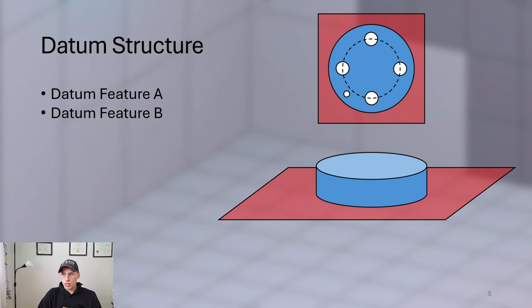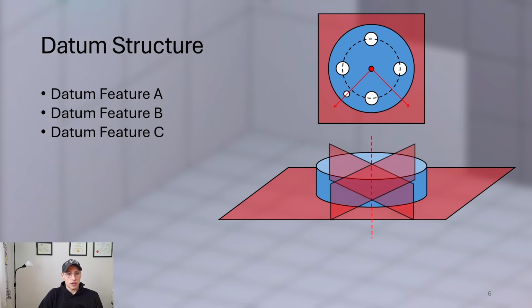Datum feature B, being the outside of the flange, the outer diameter, then controls the left, right, forward, backwards. So now the part is able to rotate. And then finally, datum feature C is this press fit pin, or interference fit pin, which fully constrains the part. So now all 6 degrees of freedom are locked.